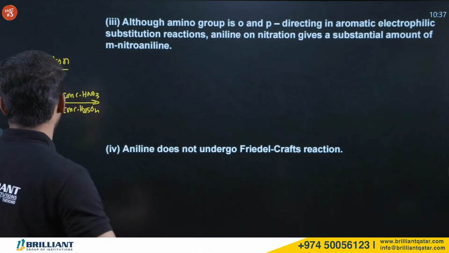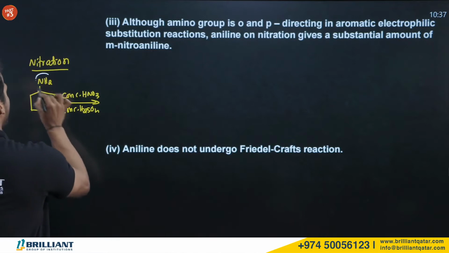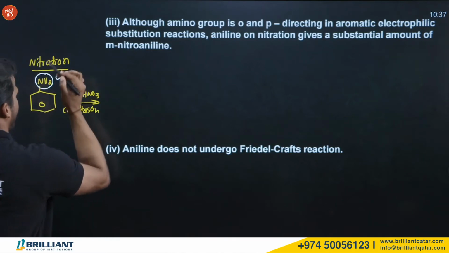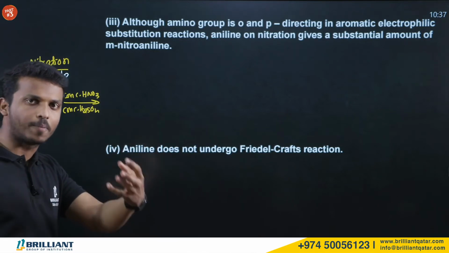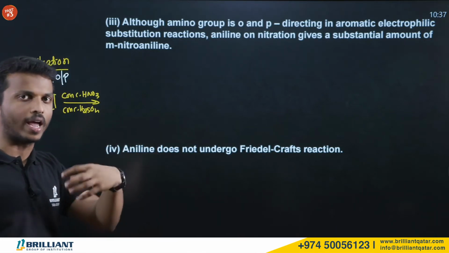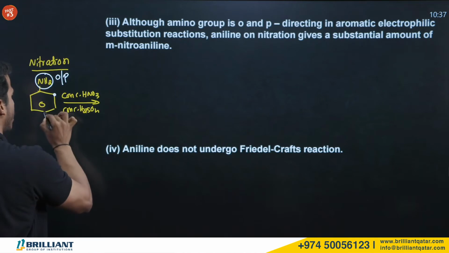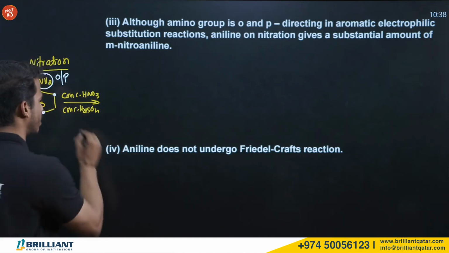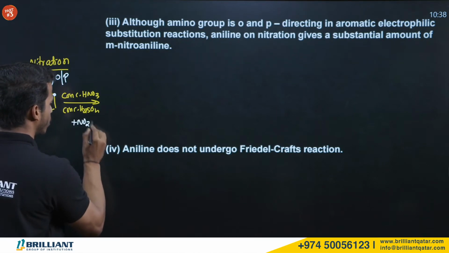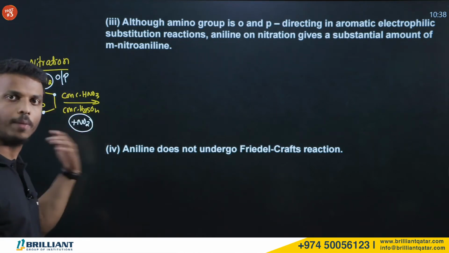In this one, the NH2 group is an ortho-para directing group, which means it will invite the upcoming electrophile to the ortho and para positions. This is ortho, this is para. This is the nitrating mixture, so the upcoming electrophile is the NO2 group, and it can go to the ortho and para positions.